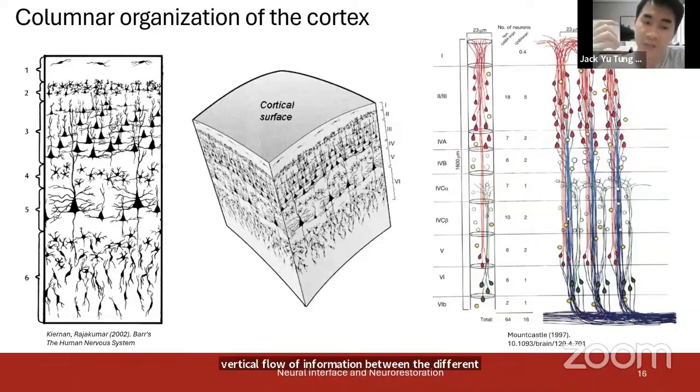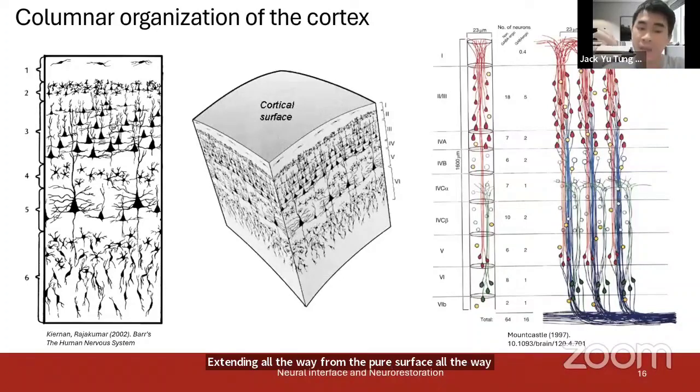The neurons, their axons and dendrites are vertically arranged in what pioneering neuroscientists like Mountcastle called vertical columns, as you can see on the schematic diagram on the right. These vertical columns span multiple layers of the cortex, extending all the way from the pial surface down to the white matter below.